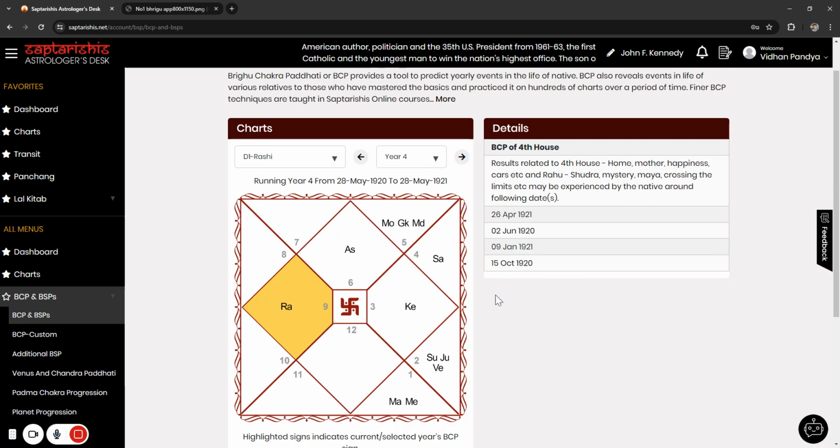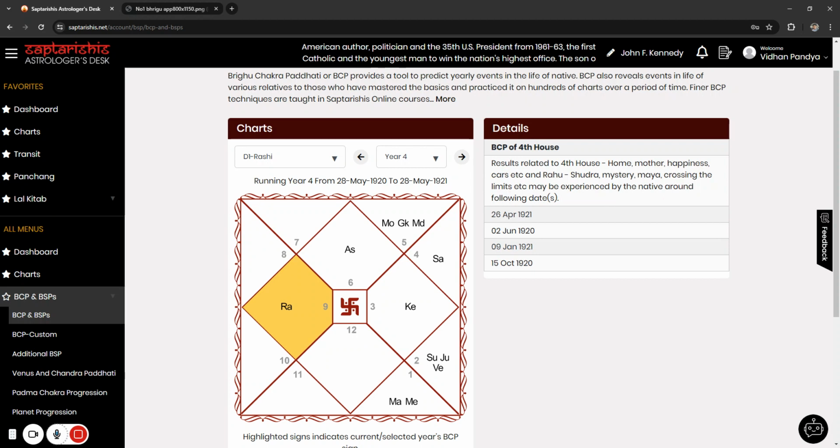The next year, year number 4, running year 4, again dates are given here, and what it is telling us is that results related to the fourth house, which is home, mother, happiness, cars, etc., and Rahu, which is Shudra, mystery, Maya, crossing the limits, may be experienced by the native during this year, right?